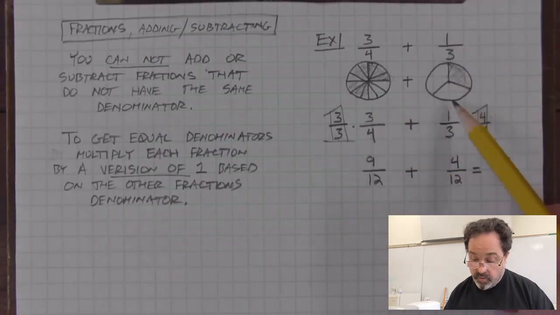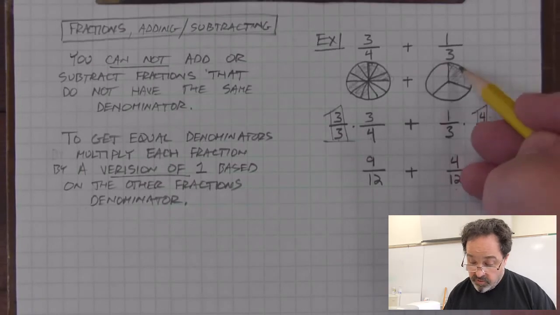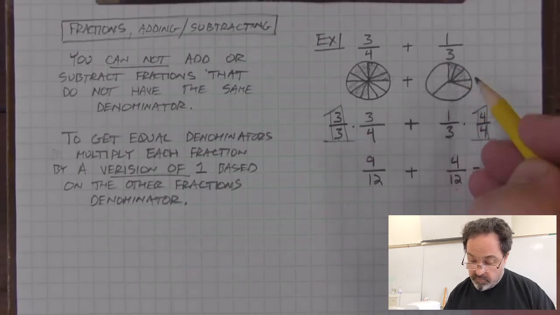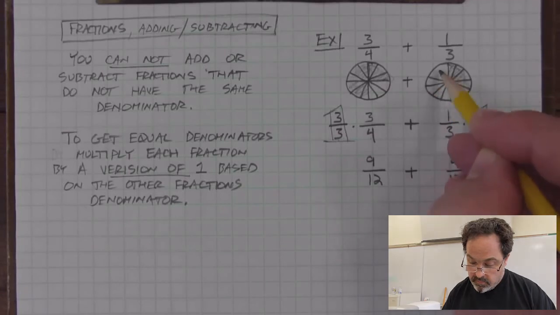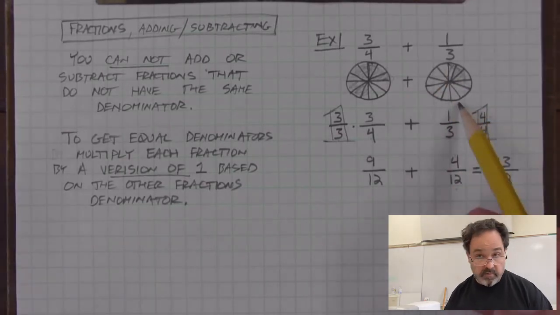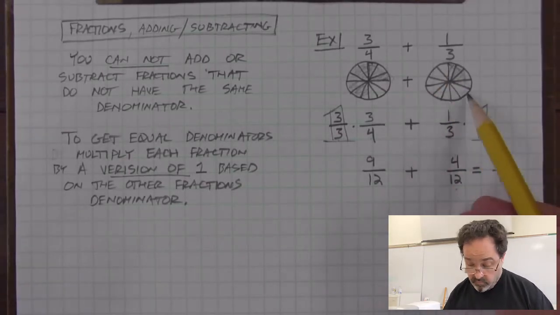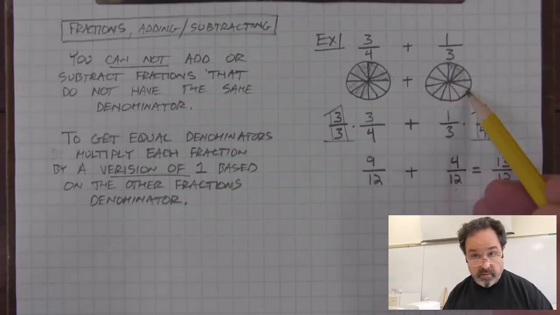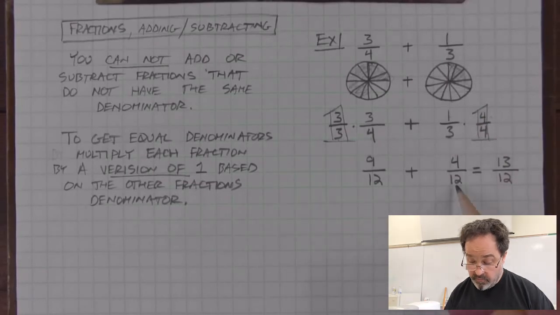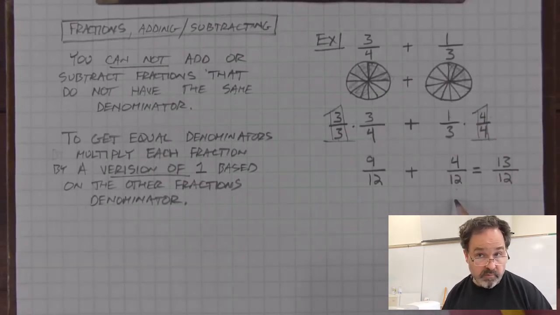In the fraction that was 1/3, converting it to 12ths was taking each third piece and separating it into 4 slices. And in doing so, we have now 12 slices in total, and now 4 of them are shaded to represent the new form of that fraction, 4/12.